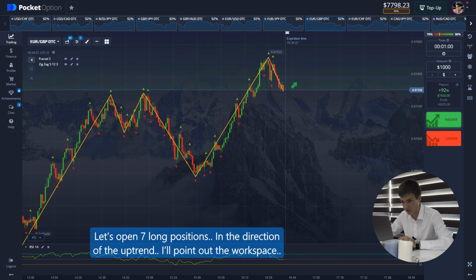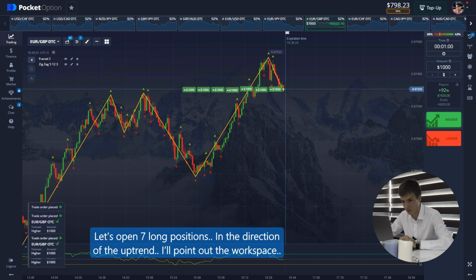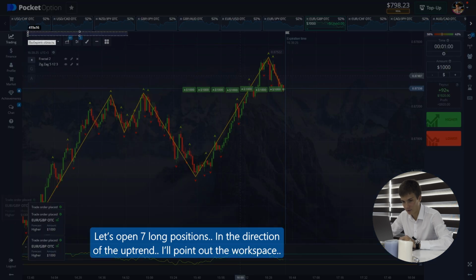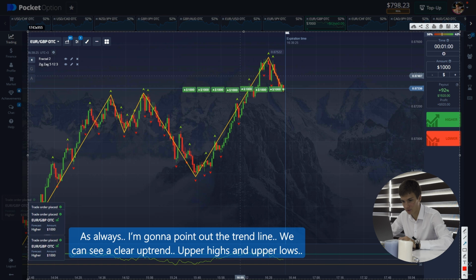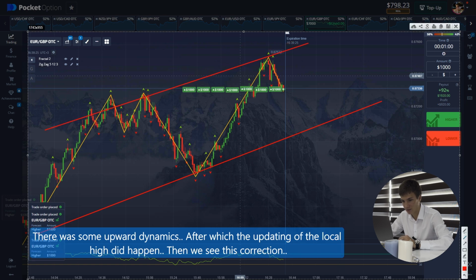I'll point out the workspace. As always, I'm going to point out the trend line. We can see a clear uptrend, higher highs and higher lows. There was some upward dynamics, after which the updating of the local high didn't happen.